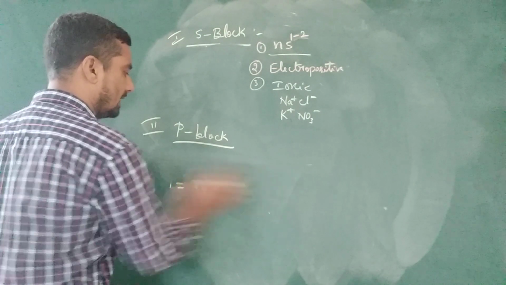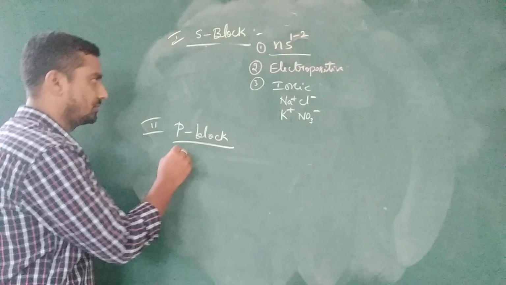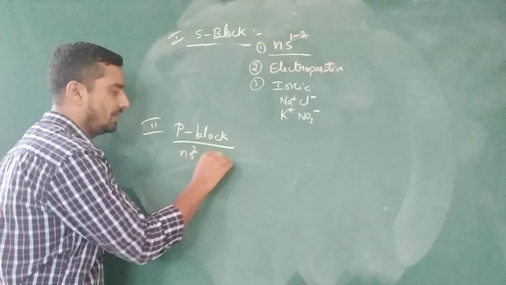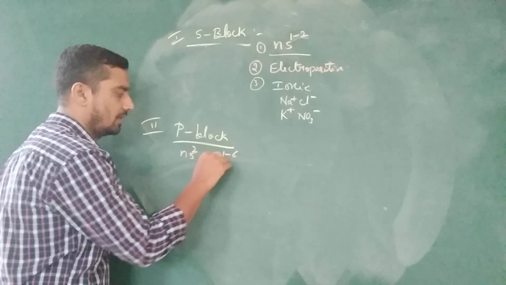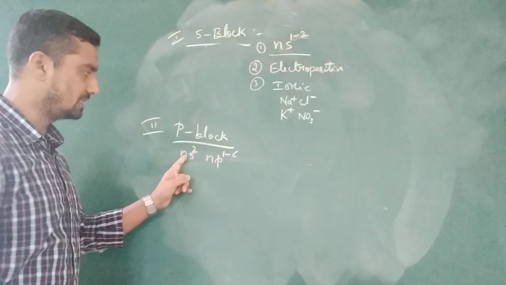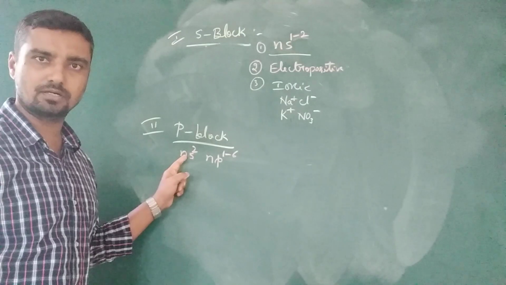The general electronic configuration for the P block is ns2 np1 to 6. The s orbital has a capacity of 2 electrons and it is already filled.